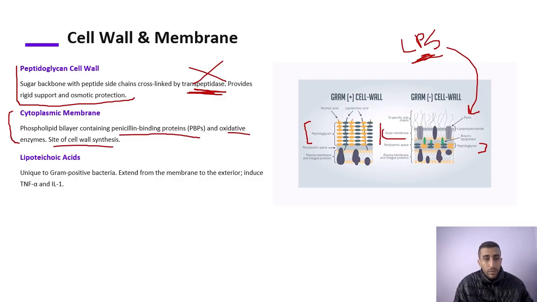We've got an equivalent here, which is the lipoteichoic acid. It extends from the inner membrane all the way out, and it is unique for gram-positive and also induces tumor necrosis factor alpha and interleukin-1. So you can think of it as the equivalent of lipopolysaccharide / lipooligosaccharide in gram-negatives.